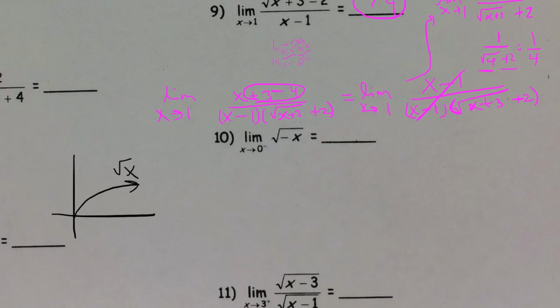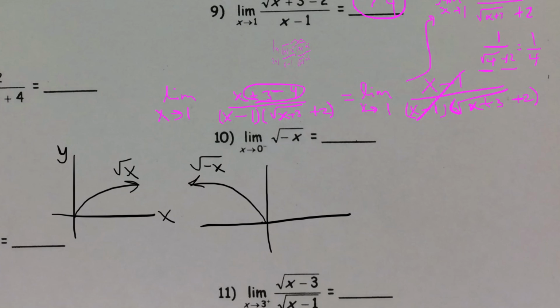And just thinking about it, then I remember that, well, this negative in front of the x, that's just a reflection. And because it's in front of the x, it's a reflection across the y-axis. So then this is what the graph looks like for square root of negative x, a reflection across the y-axis. So something like this.